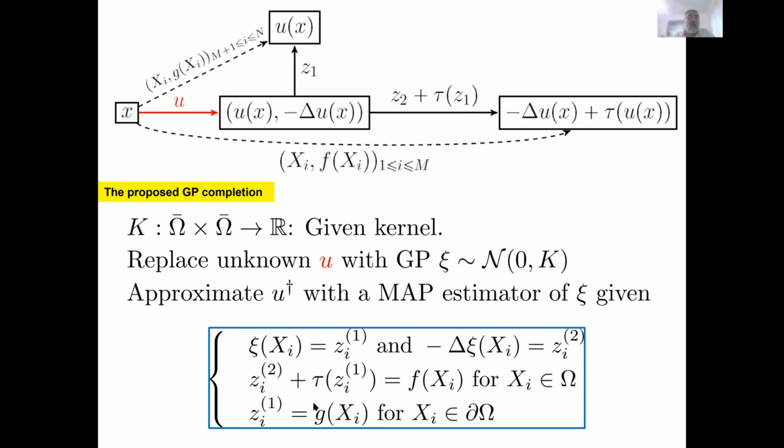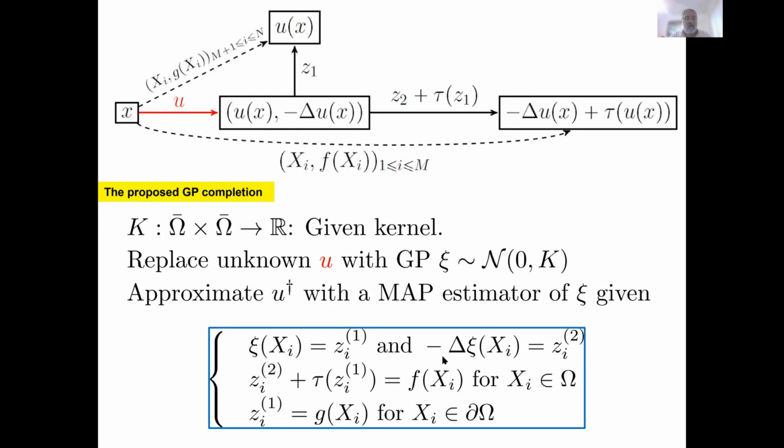So in that expression, the variables zi1 and zi2 are the values of the intermediate variables of the graph at the collocation points xi. These intermediate variables are unknown, but their nonlinear combination through this known function is known as the value of the right-hand side of the PDE at the collocation point xi.